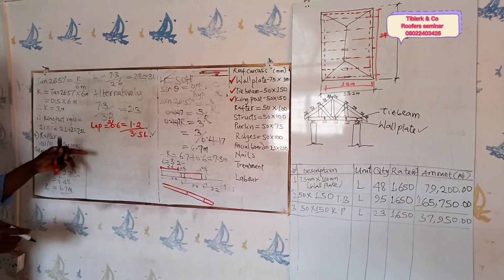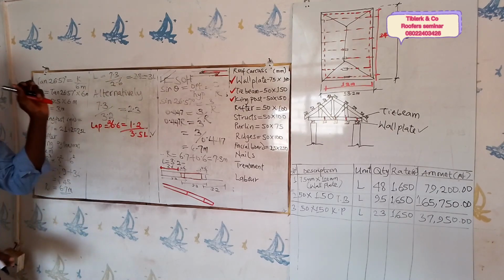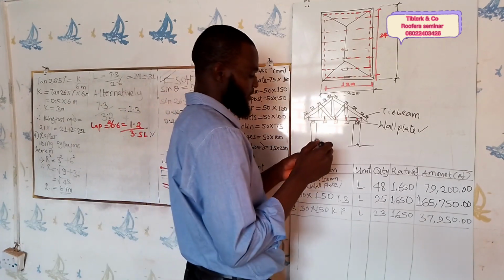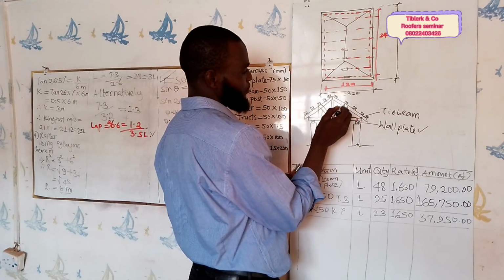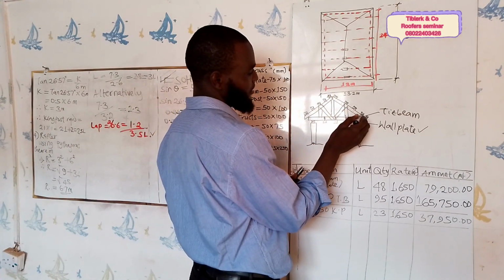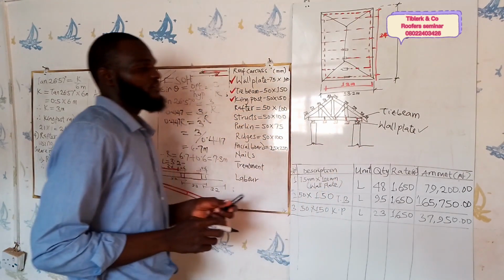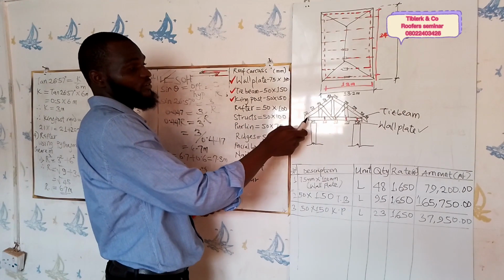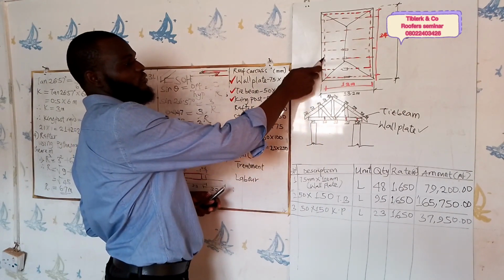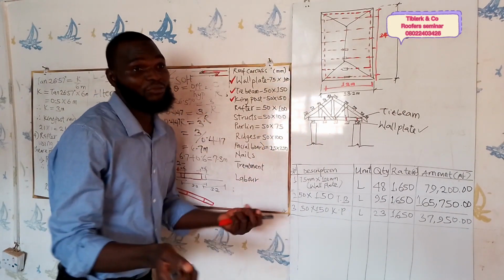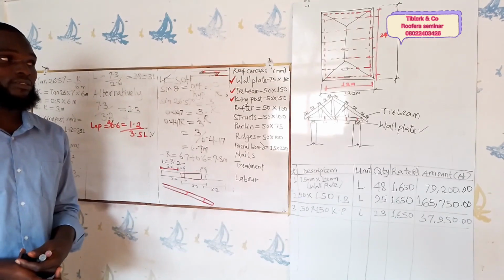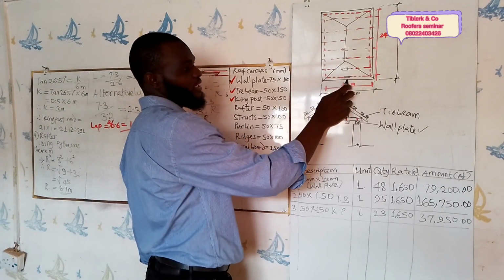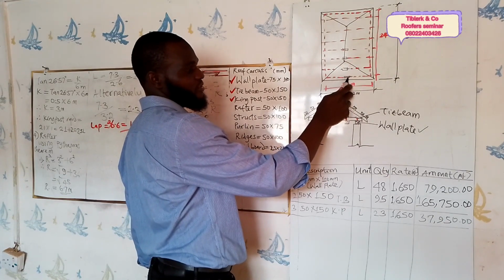So the number of rafters required, 3.5 is what is needed for only this. We have 1 length, 2 length, 3.5. And on this side there is another 3.5. So that will be 7 times the number of kinkos that we have. The cables won't get to this place.